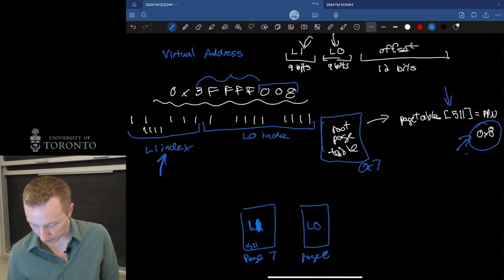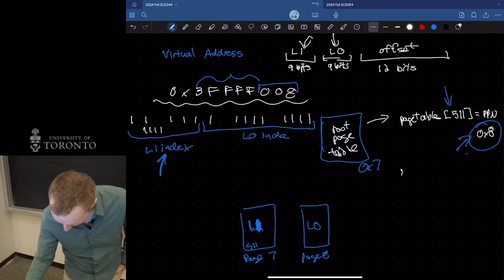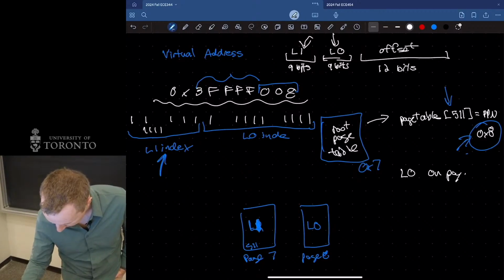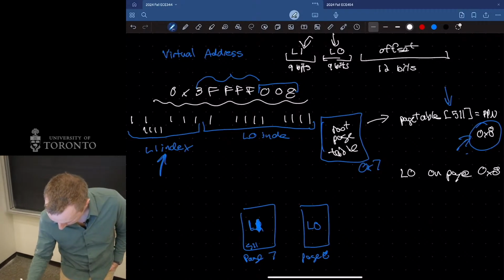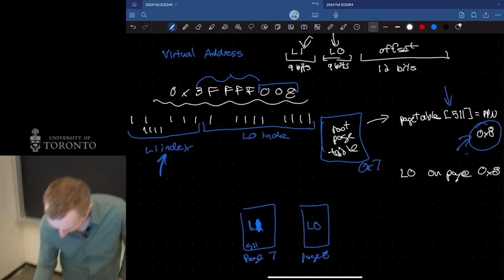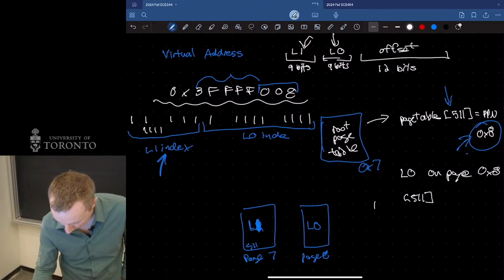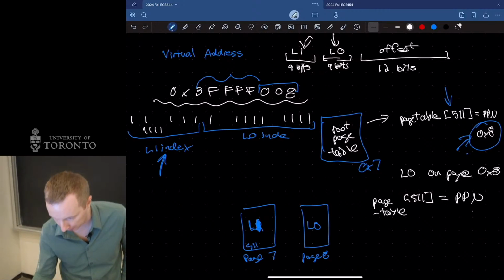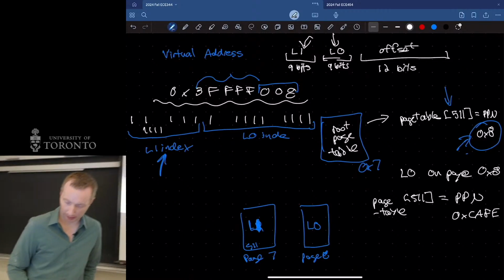And say it also has an entry at index 511 that points to physical page, I don't know, let's say CAFE.